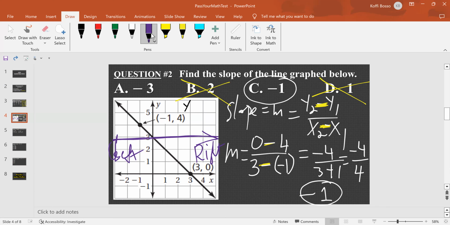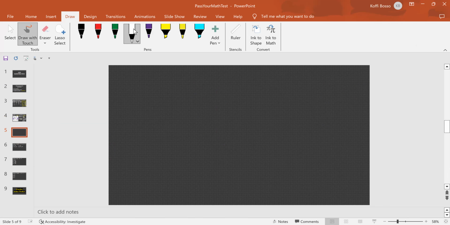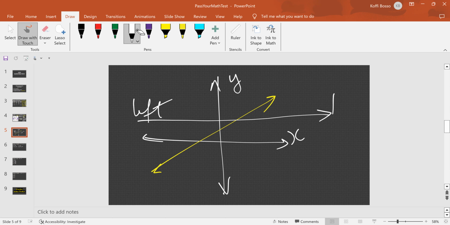But suppose you have something like this. Suppose you have your coordinates, x, y, and the graph is like this. So this is the graph going up, increasing. To know that, you just draw again any horizontal line through the graph, and you think like you are moving from the left side, always reading from left to right.